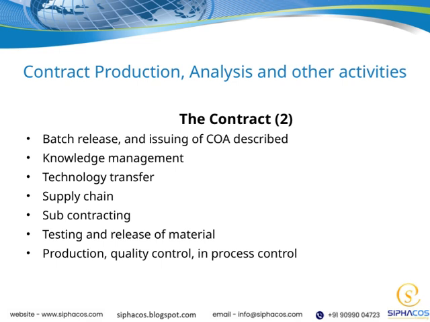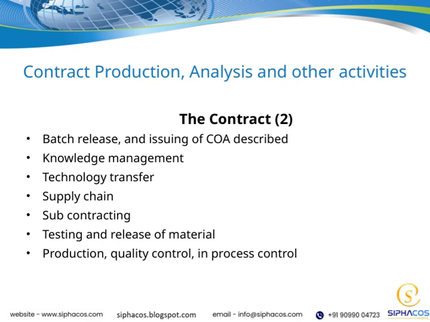During production, quality control and in-process control are continuously monitored to maintain high standards throughout manufacturing. Finally, contract production, analysis, and other related activities encompass the broader scope of external collaborations that support the entire process, ensuring that every step aligns with regulatory and quality requirements. All these elements are interconnected and essential to ensuring a successful contract manufacturing process, reinforcing the overall theme of quality and compliance.